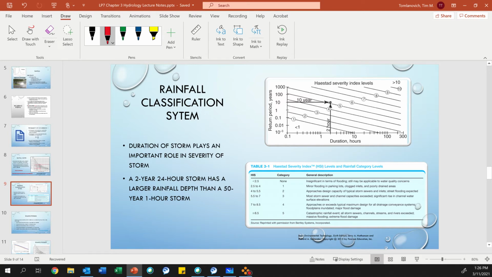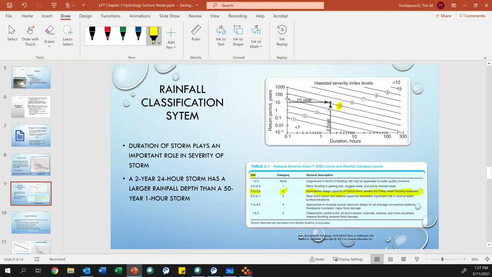If I have a return period of a 10-year storm, which is the N value, and a duration of 2 hours, I have a Haystack Severity Index level of just over 5. Now I come down to the table, 4 to 5.5. I'm in a category 2. So it gives you a category.